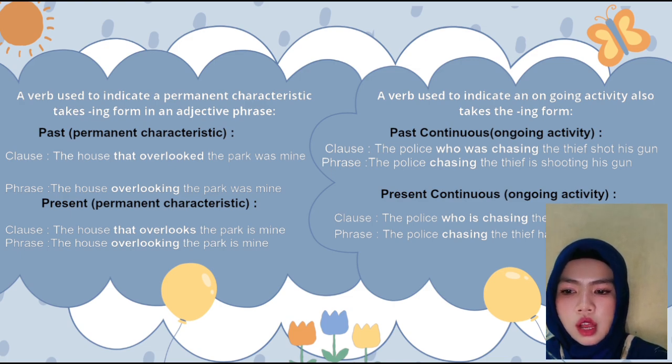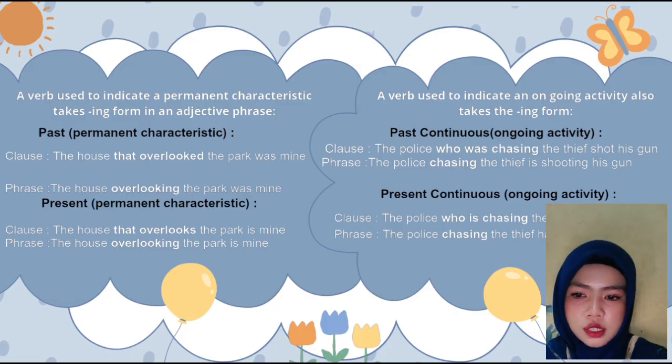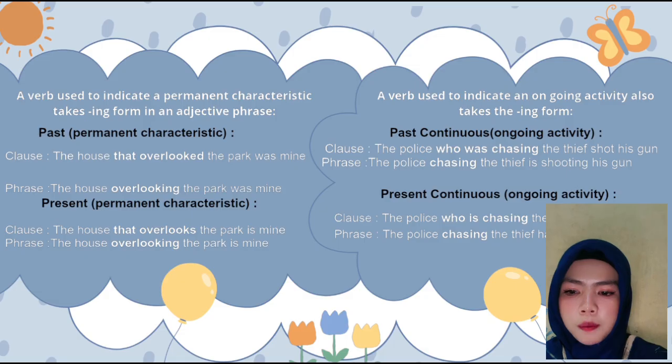Every verb that indicates an ongoing activity also takes the -ing form. Past continuous, ongoing activities. Clause: the police who was chasing the thief shot his gun.